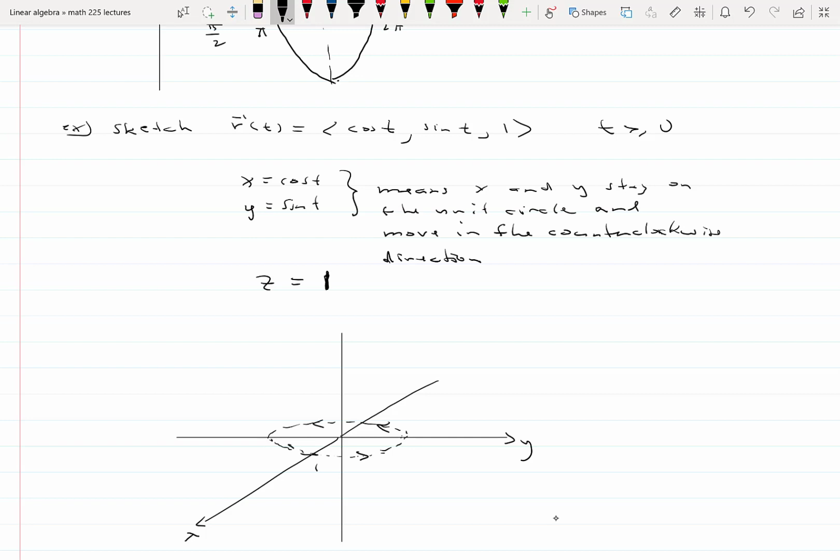That's if we were in the xy plane, but we're not in the xy plane. We're in 3 space, and on this particular curve, z must always equal 1. So we go up 1 and move that circle up there.